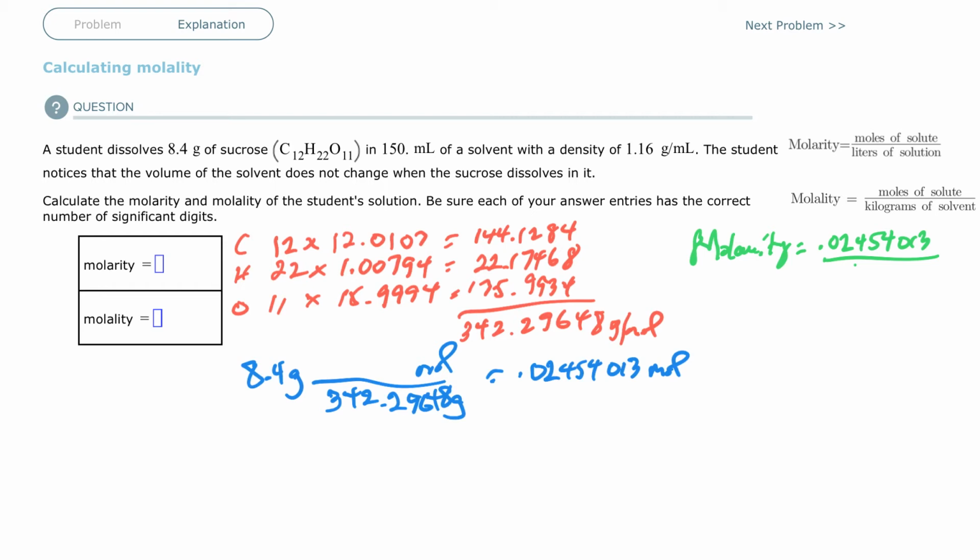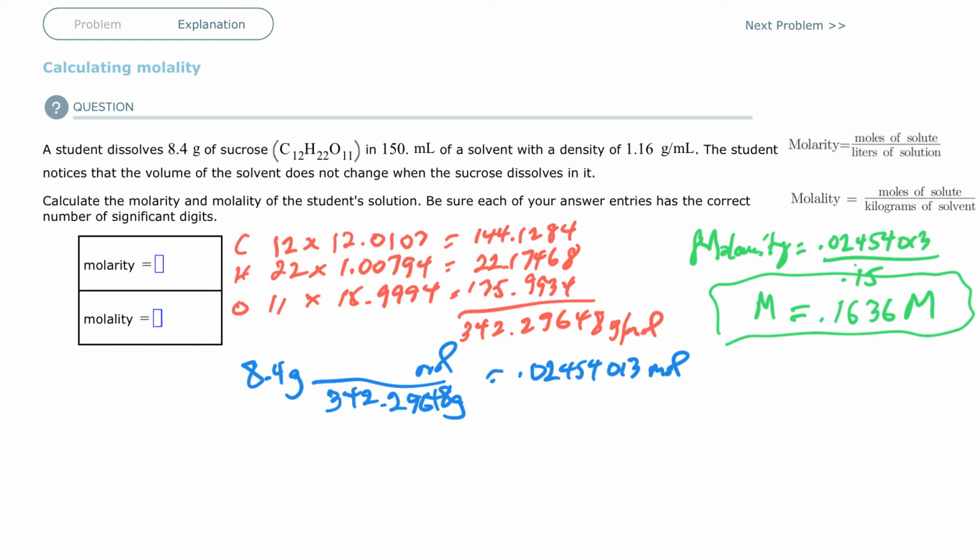Well, I need liters, so milliliters to liters, divide by 1,000, so I'm going to have 0.15, and molarity equals 0.1636 dot dot dot molar. Okay, I'll take care of that in a minute. So let's circle this because that's my molarity question.